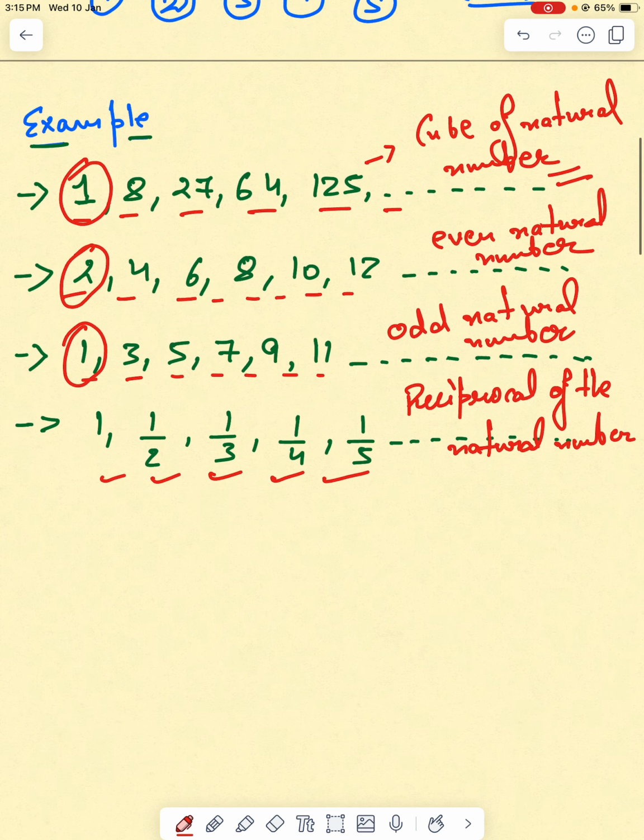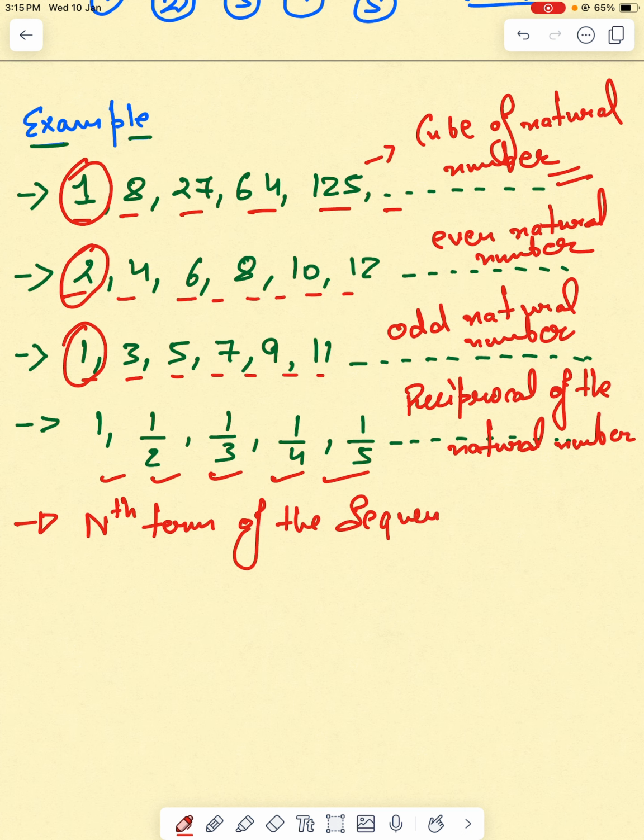If I want to express it in a general form, that is called the nth term of the sequence, it is denoted by an. Can anybody express this sequence in a generalized, or general algebraic, form?